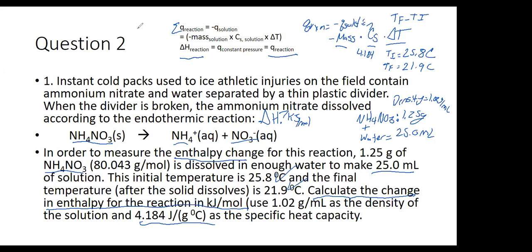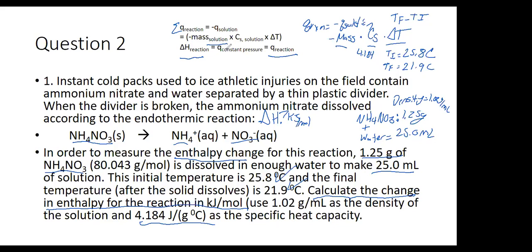All right, so the only thing we're missing is the mass of solution. I'm sure you're very tempted to use 1.25 grams as your mass. I'm sure many of you are like, I have a mass, I'm going to use it. These are the times when you need to slow down and read what the equation says. The equation says I need mass of solution. That 1.25 is the mass of a solid.